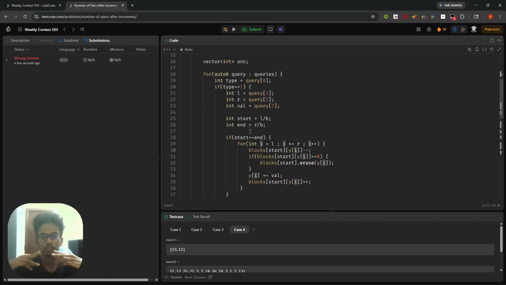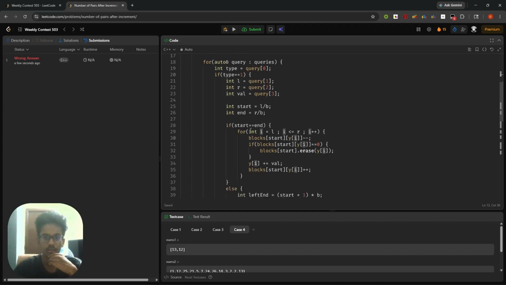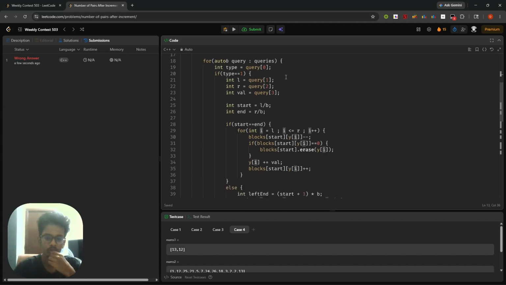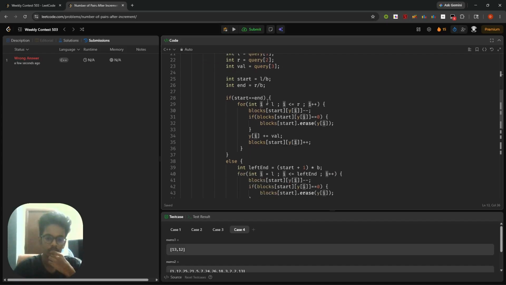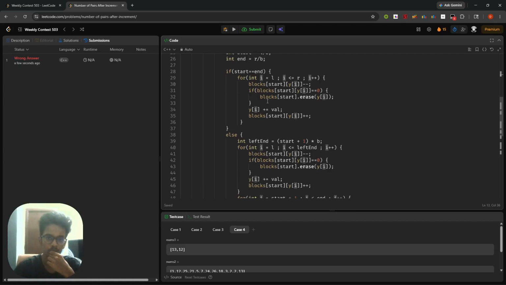So vector int answer, auto ampersand query in queries. Type would be query of 0. Type equal to 1. We'll take r equal to query of 1 or l val. Fine. Start equal to l by b. End equal to r by b. If start equal to end, what are you supposed to do? L to r, i plus plus, blocks of start, yi minus minus.